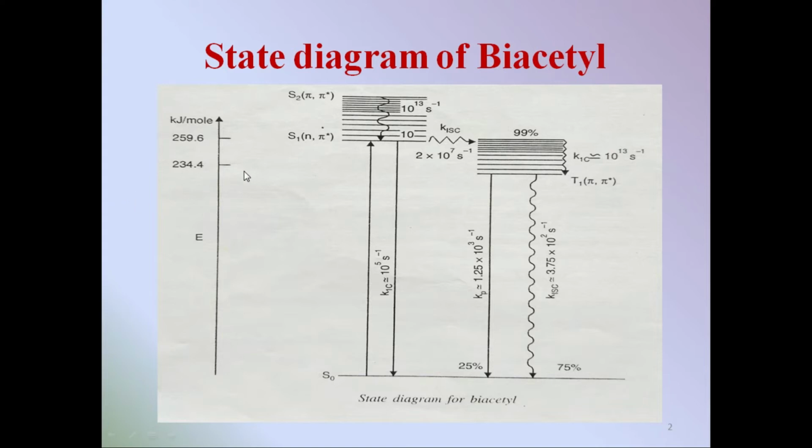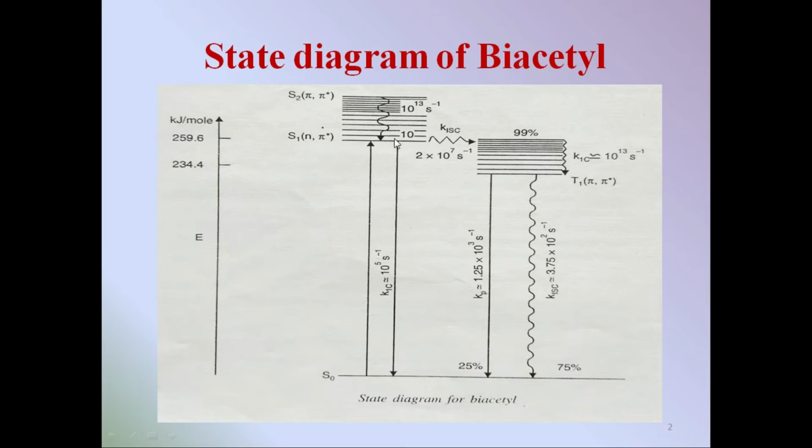In the state diagram of biacetyl, the energy of singlet state ES1 is 259.6 kJ per mole, as you can see in the diagram. The triplet state ET1 is 234.4 kJ per mole. The singlet is either a pi to pi star or n to pi star state, which depends on the solvent effect.